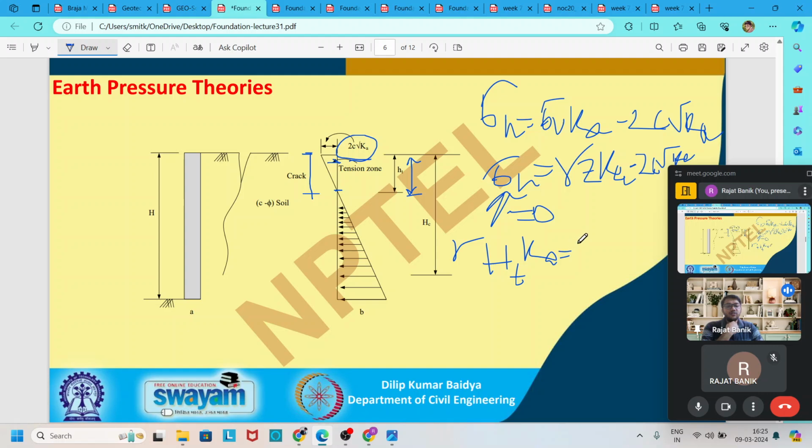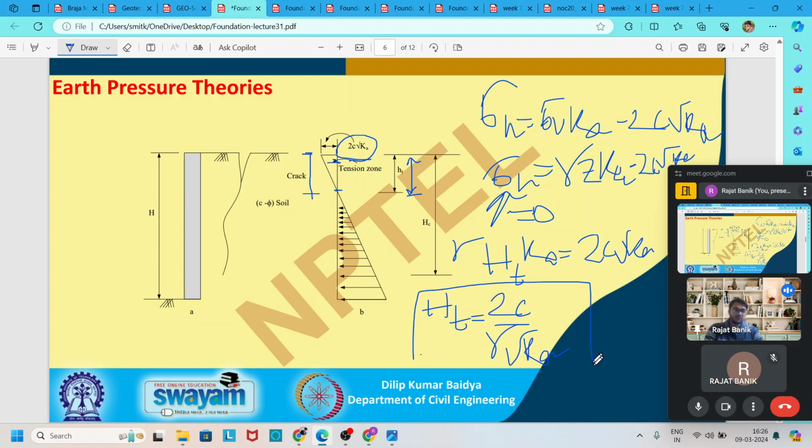Gamma Ht Ka is equal to 2c root over K. If you solve it, it becomes Ht equals 2c divided by gamma root over K. So the tension crack depth from the surface is equal to 2 times the cohesion divided by the unit weight of the soil times the root of the earth pressure coefficient in the active case. By this formula we can easily find out the tension crack zone for the active case.